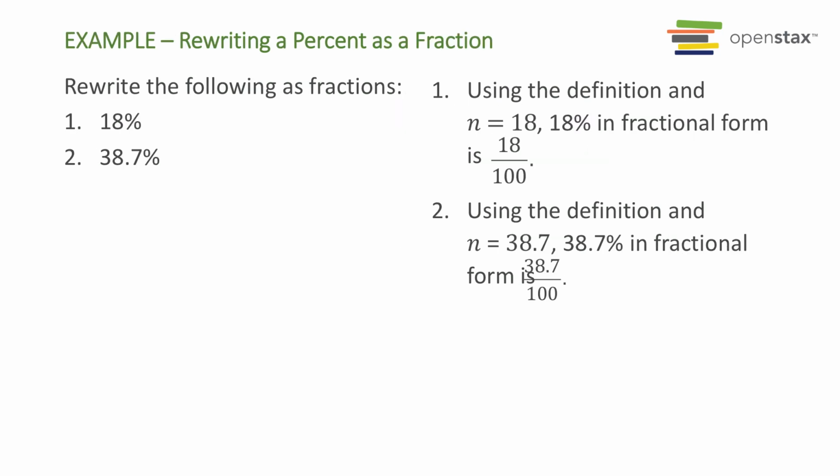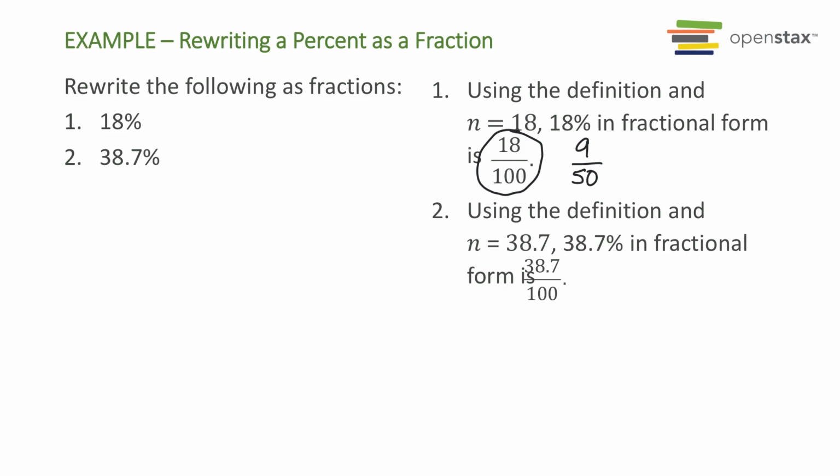So let's rewrite the following as a fraction. For number 1, we've got 18% in fractional form. That's 18 out of 100, which, though it's not written on the slide, reduces to 9 out of 50. So 18% is 18 out of 100, or 9 out of 50.